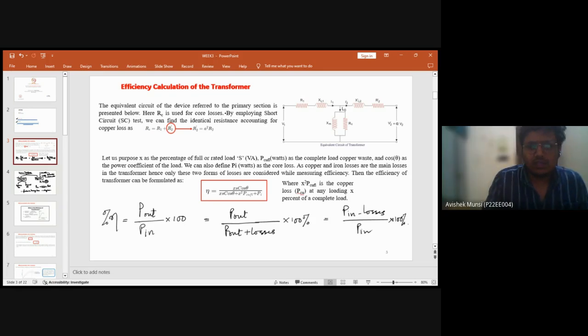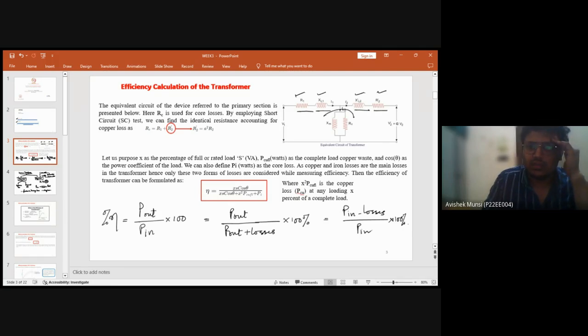So you can see that this is the equivalent diagram. We already discussed it in the last 2 weeks that this is R1, XL1, this is XL2, R2. This is referred to the primary side of the equivalent circuit diagram for the transformer. This is the primary resistance, this is the primary reactance, and this is the secondary reactance referred to the primary side. This is the secondary resistance referred to the primary side.